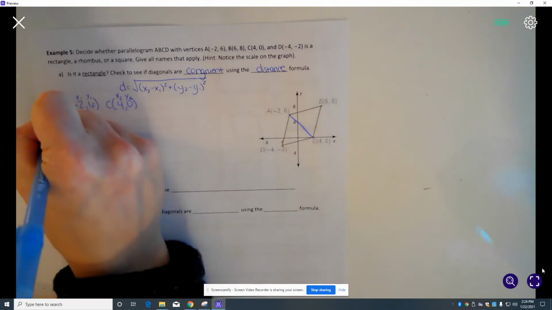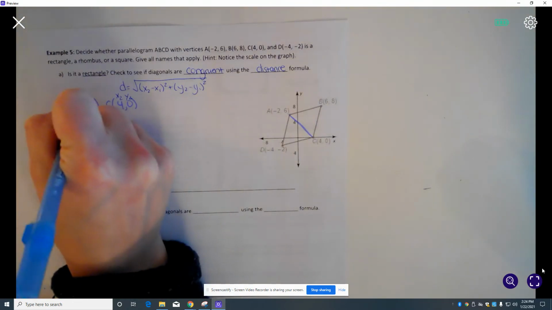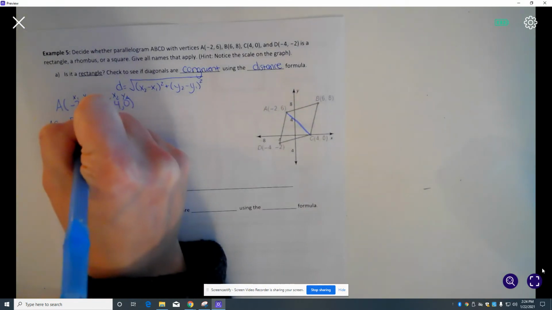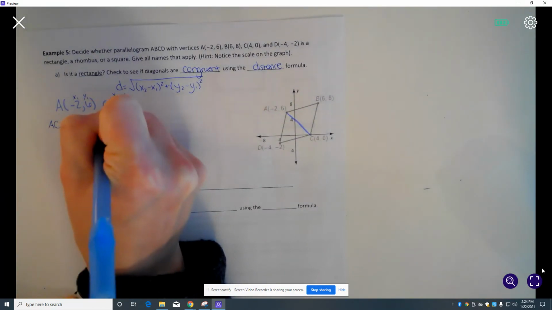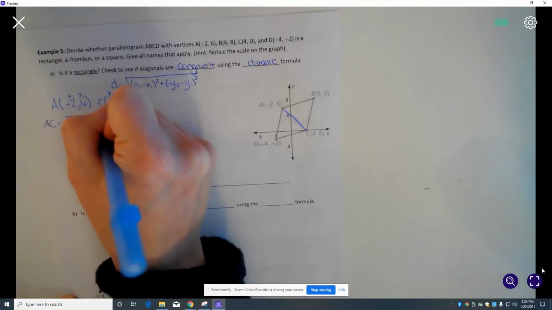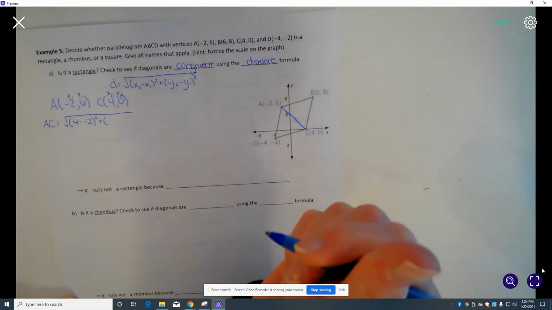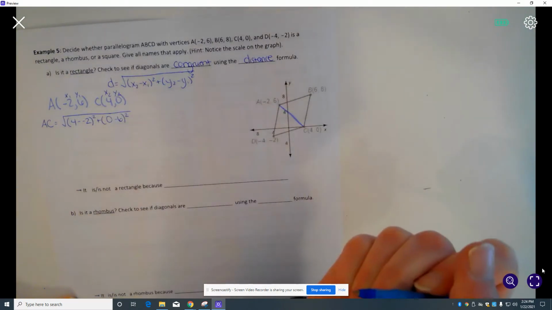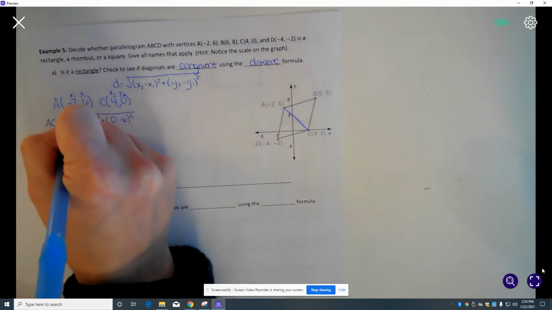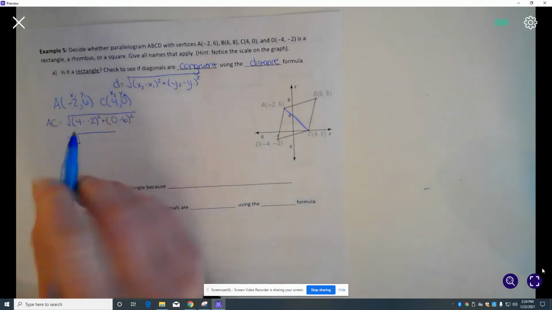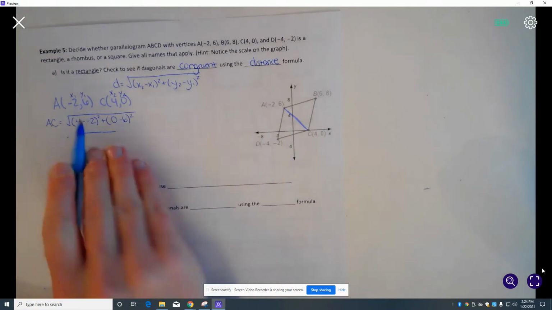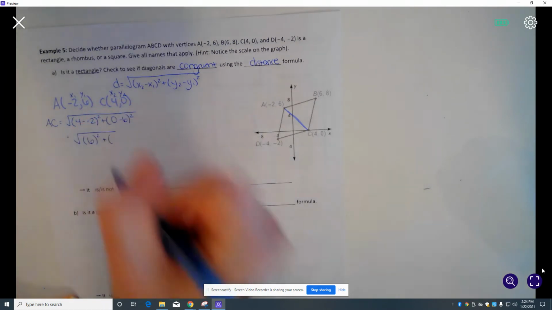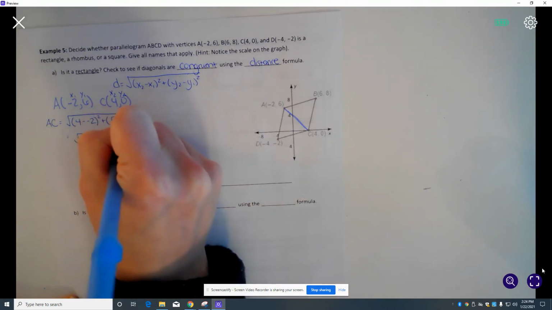So the length of AC is equal to the square root of x2 minus x1, 4 minus -2, squared, plus y2 minus y1, 0 minus 6, squared. I'm going to do what's inside the parentheses first. 4 minus -2 is the same as 4 plus 2, that is 6. And 0 minus 6 is -6.